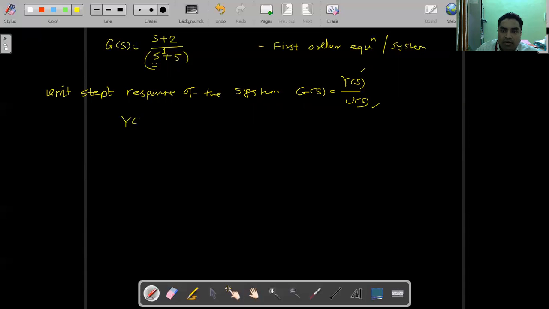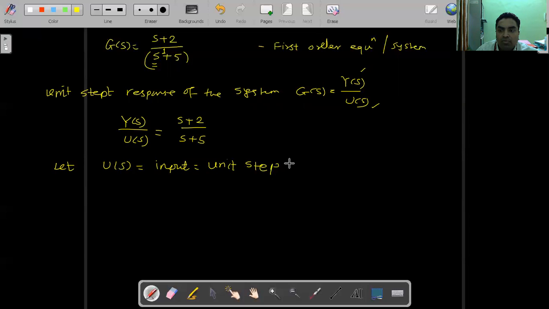So let me write Y of s upon U of s is equal to (s plus 2) divided by (s plus 5). Let us consider U of s as input, that is unit step. And what is the Laplace transform of unit step? The Laplace transform of unit step is 1 upon s.